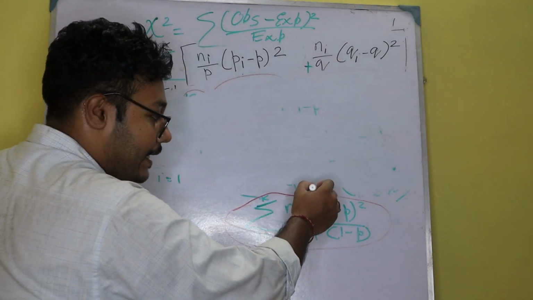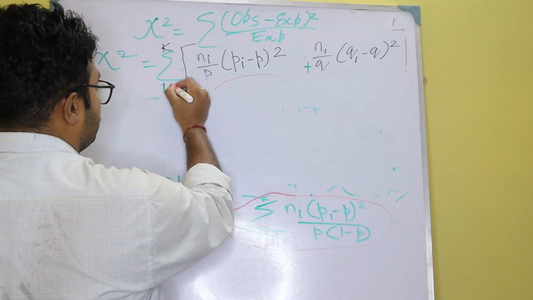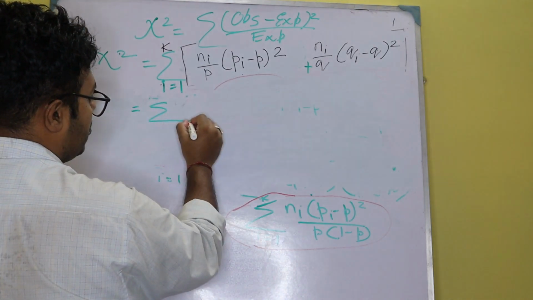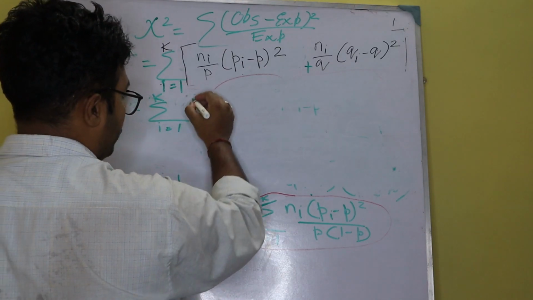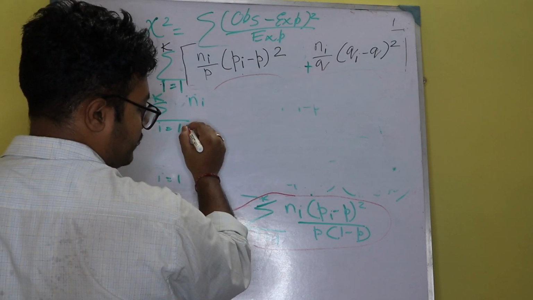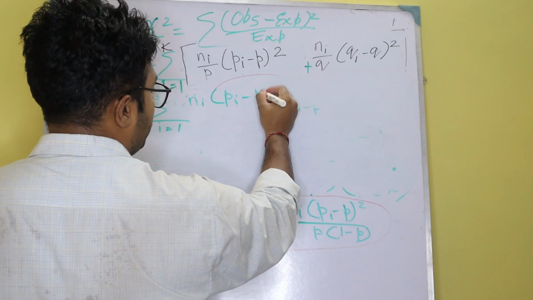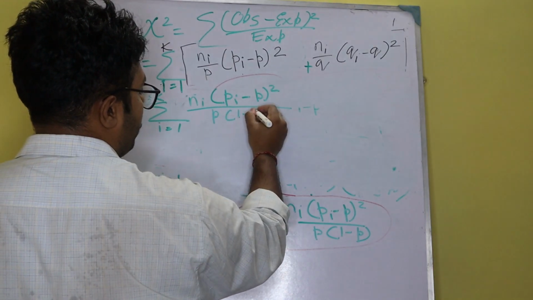I am writing this expression here. So i equal to 1, and here this will be equal to summation of i equal to 1 to k, ni, pi minus p whole square by p into 1 minus p.